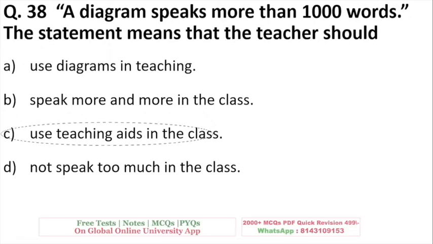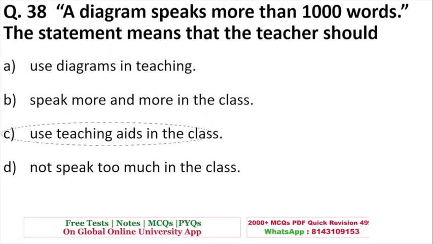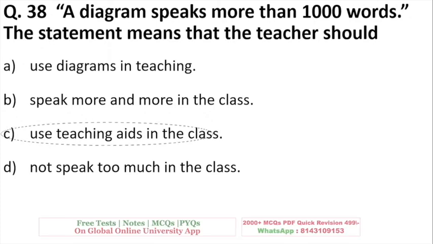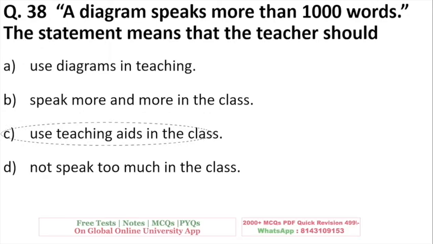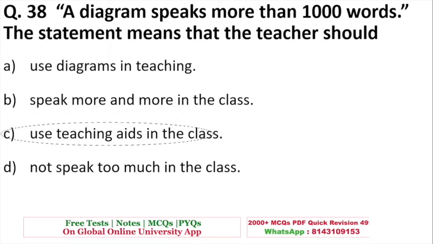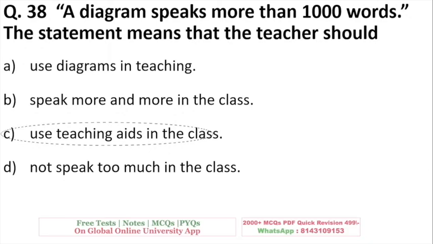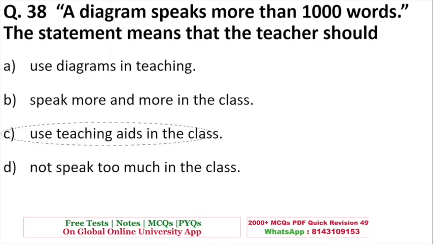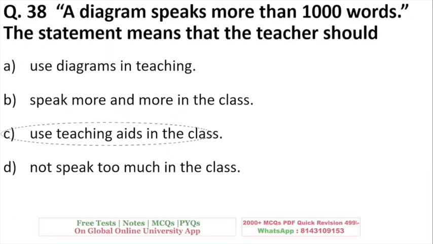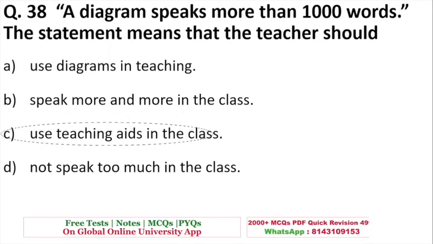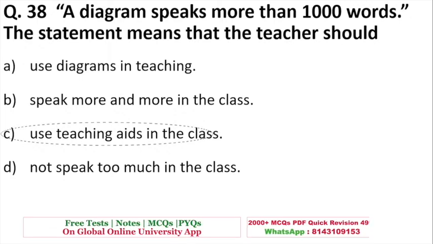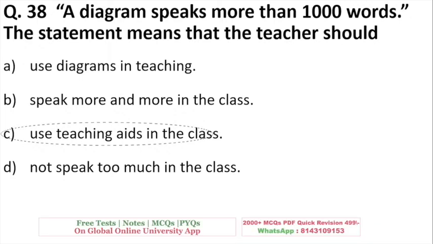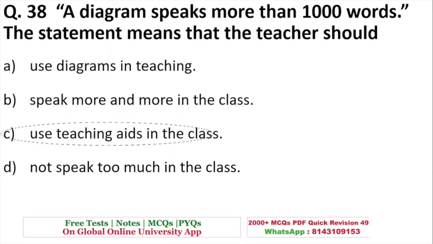So it means use teaching aids in the class, because whenever students see something, they definitely retain it more. For example, we usually remember a movie more than what we have read. So teaching aids in the class, use of teaching aids.